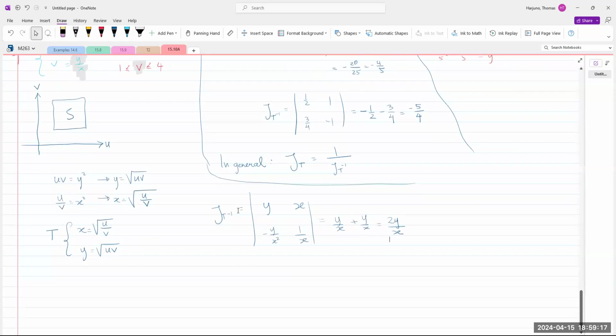How about the Jacobian of T? With respect to u, that will be 1 over 2 square root of uv.